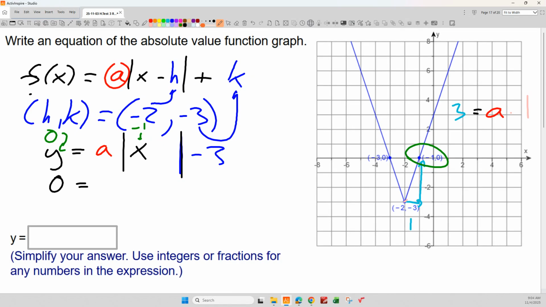So 0 equals, what do I have here? Minus -2. So that's going to become a 1, right? So 1 times A is A, minus 3. Either way, we get A equals 3, right?